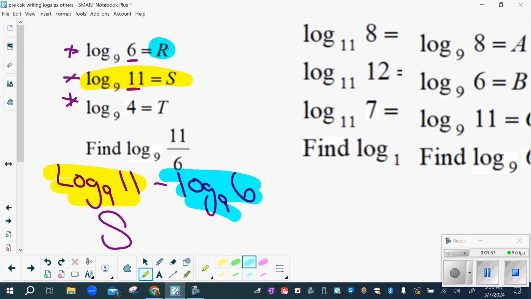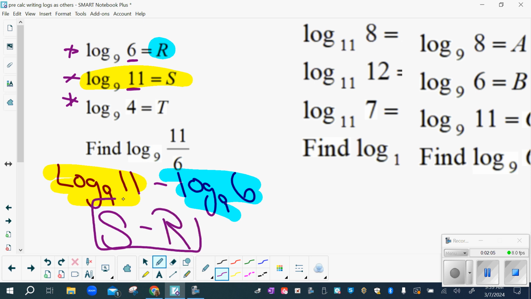It's right here. It's R. So I am going to pop out log 9 of 6 and pop in R. And that's my little socket wrenches. That's the answer. That's my answer.